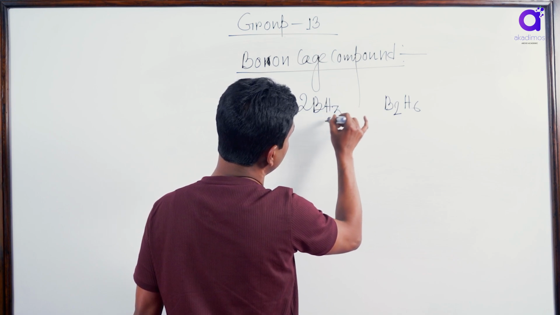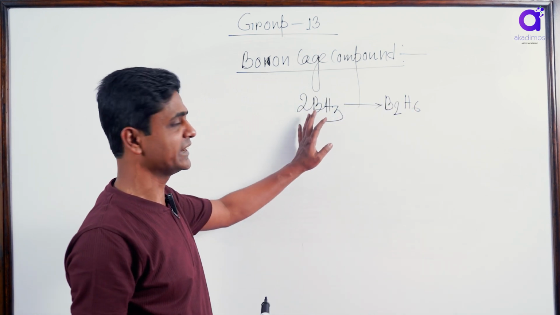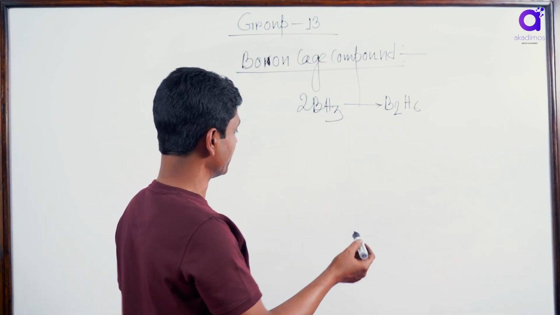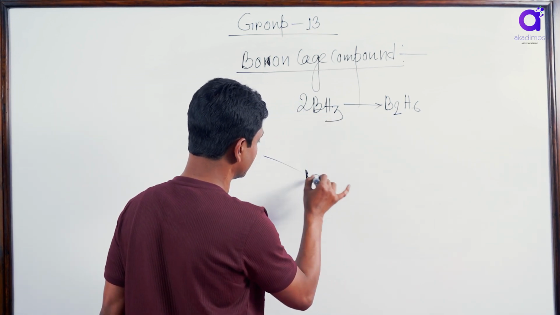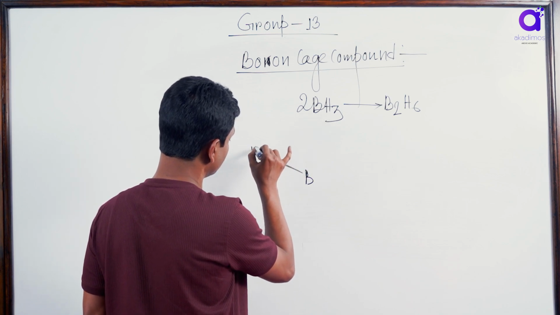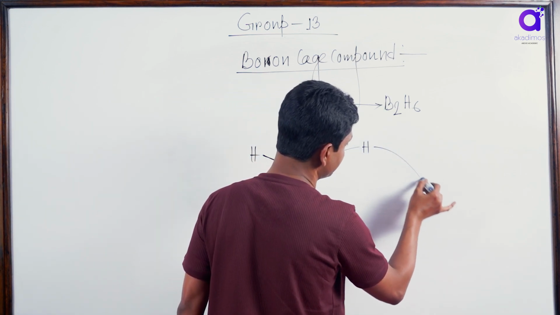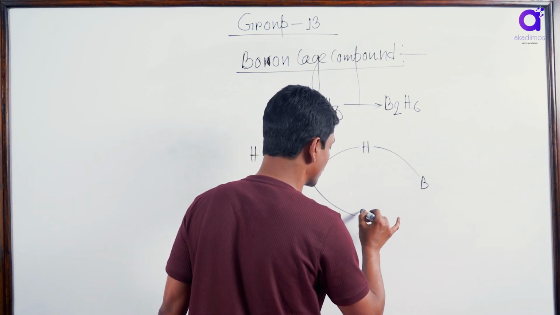In BH3 the effective number of electrons is 6, and by formation of a B-H-B bridge bond they form the dimer, and that B-H-B bridge bond is called a 3 center 2 electron bond.